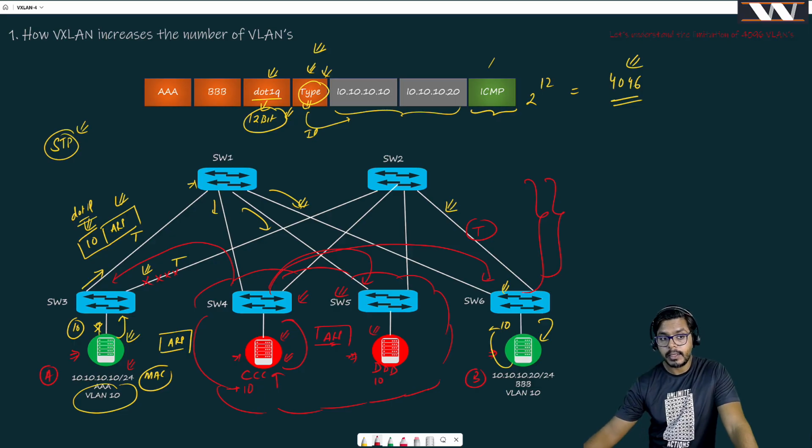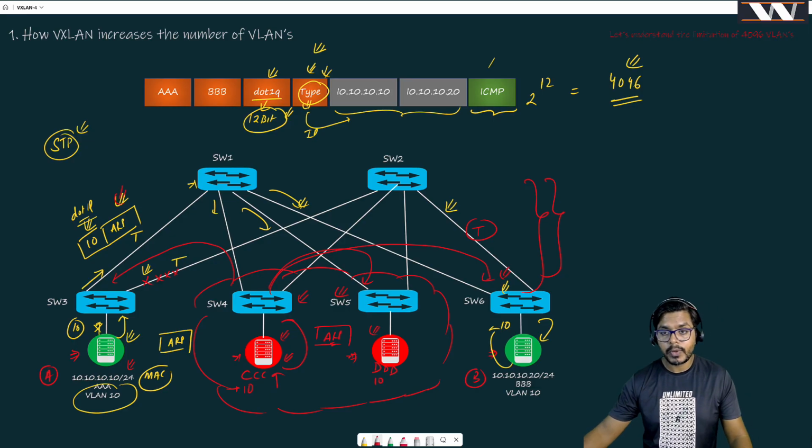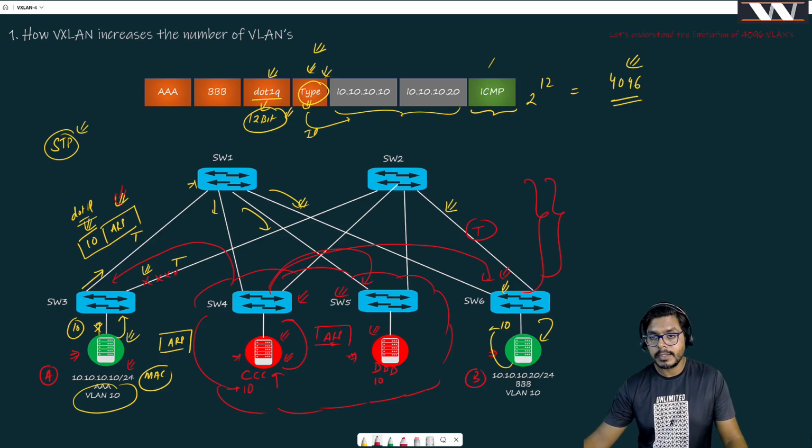So that when this packet reaches the destination switch, the destination switch knows in which VLAN to forward this message, right? Guys, the overall intention is to increase this VLAN count from 4096 to 16 million.